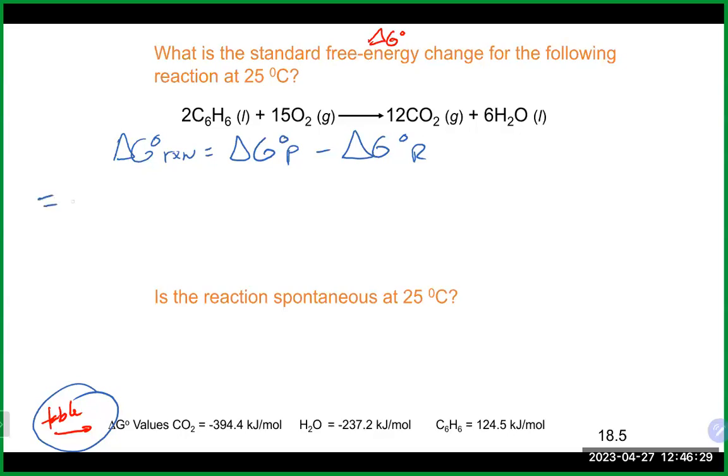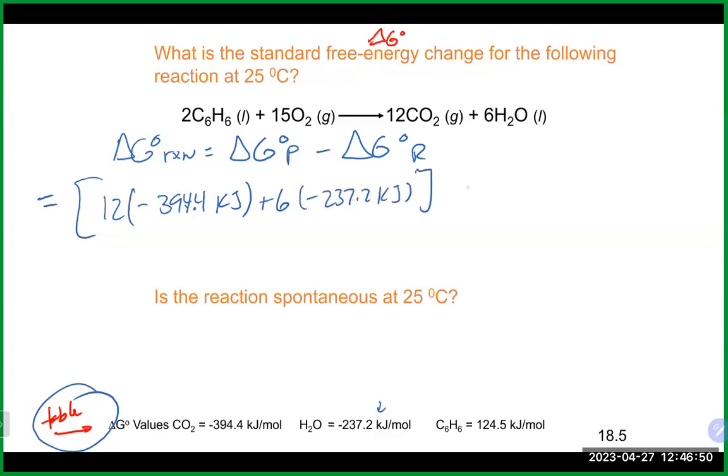So starting with our product side, we got 12 CO2s at minus, looks like 394.4 kilojoules. Then we're going to add it to 6 times our value for water here, which is negative 237.2 kilojoules. That's going to take care of all of our products.